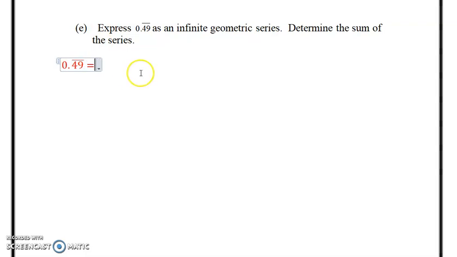So 0.49 repeated. What does that equal? Well, we know that's 0.49, 49, 49, 49, 49, and so on, right? So we're going to represent that in fraction form, so we break that up.